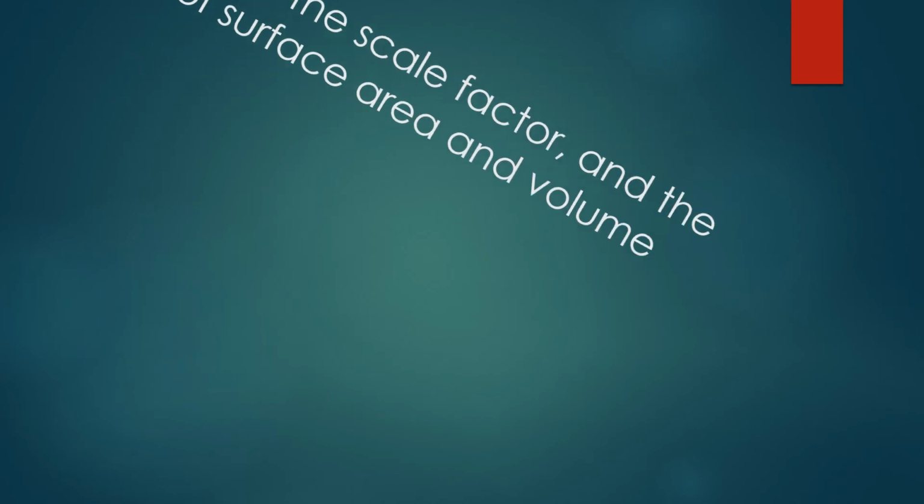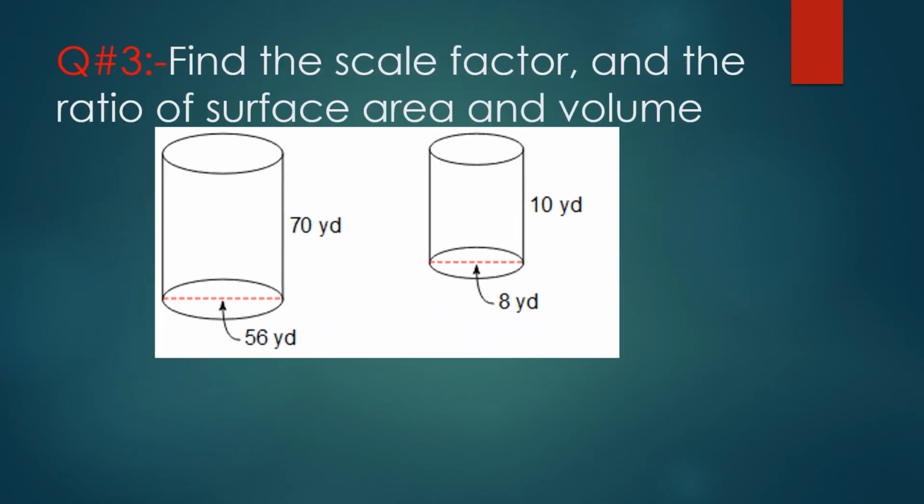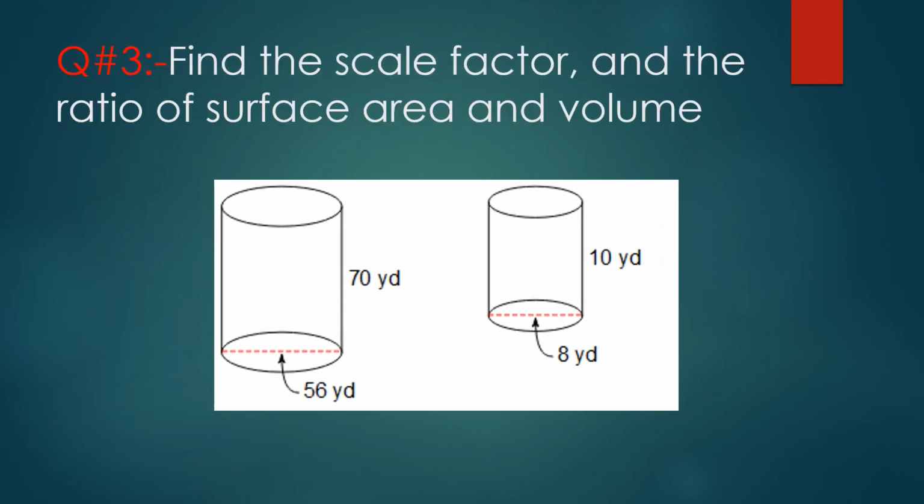Let us see example number 3. Find the scale factor and the ratio of surface area and volume. First of all, let us find the scale factor. You can use either the diameter or the height to find the scale factor.